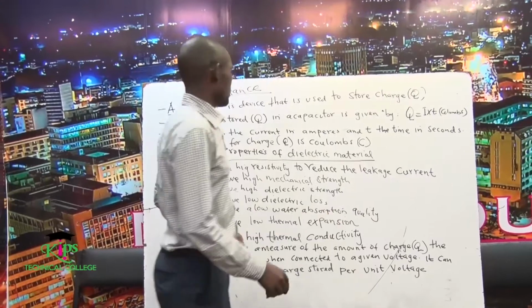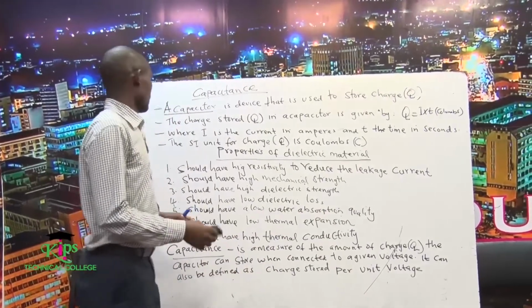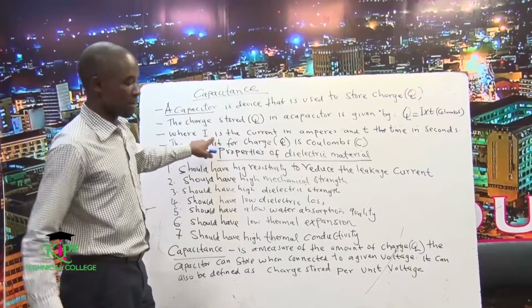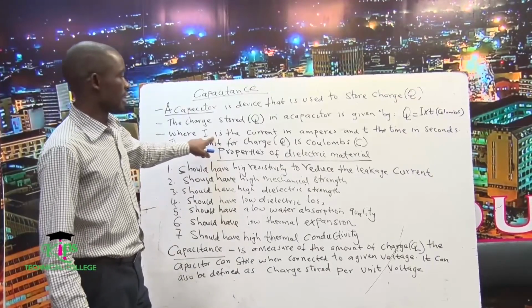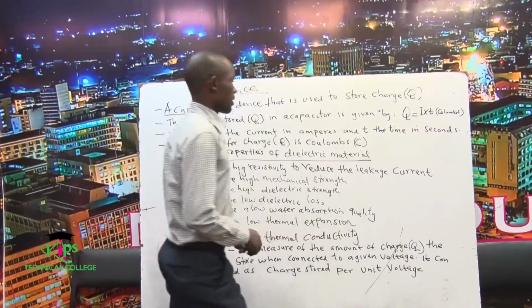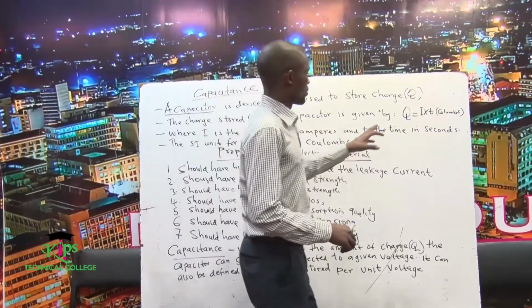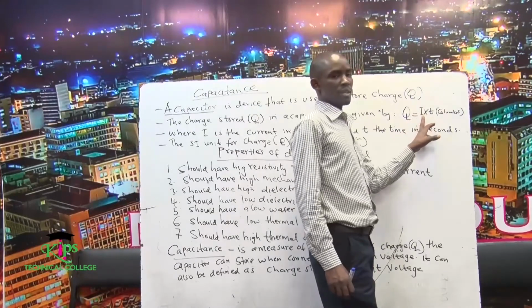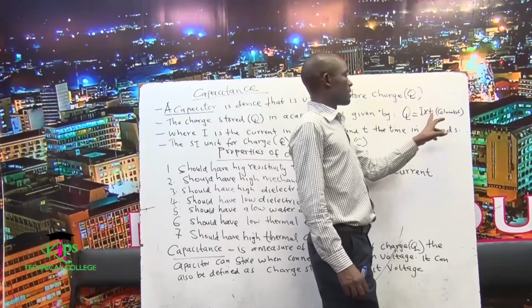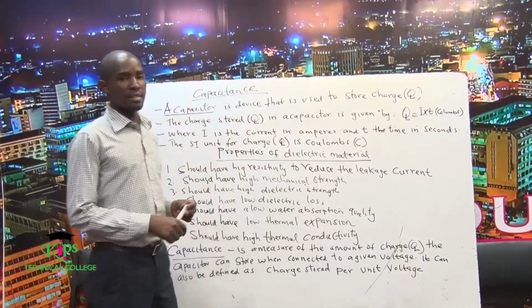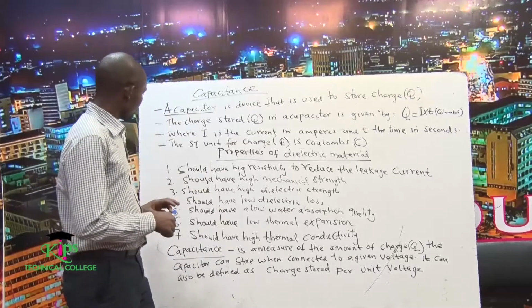We move to the next point, where capital I is the current in amperes, and small t is the time in seconds. So whenever you want to calculate charge Q, bear in mind the current I has to be in amperes and t has to be in seconds. You have to express them in SI units.